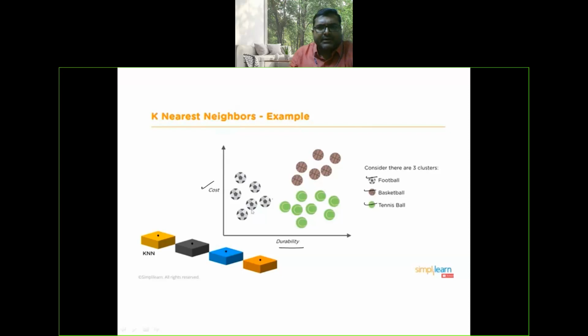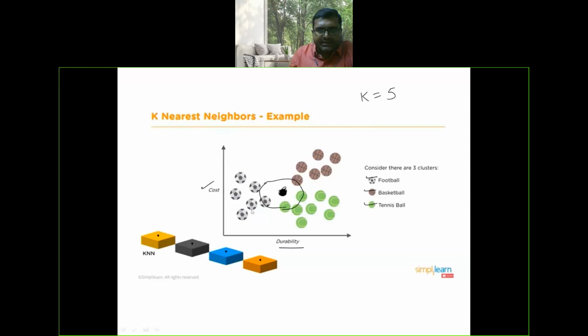Now here I want to assign this particular data point, some unknown ball, to which category. Now here k nearest neighbor means if k is equal to 5, for this particular ball we have to select k nearest neighboring balls. If k is equal to 5 means here I selected 5 neighboring balls.